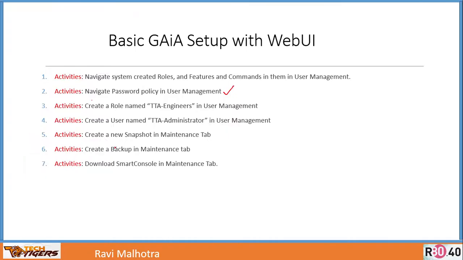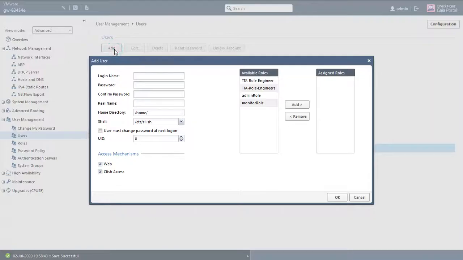Next exercise is to create a user. So just go to add, the login name is going to be Ravi, TechTiger-Academy administrator, right?